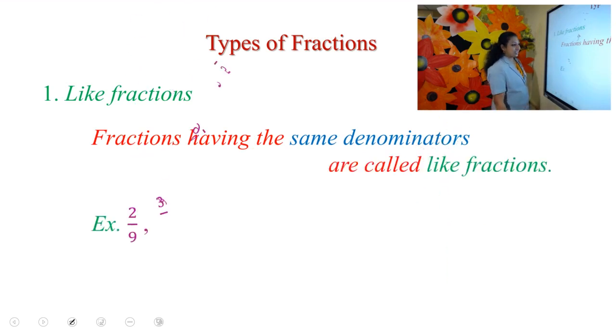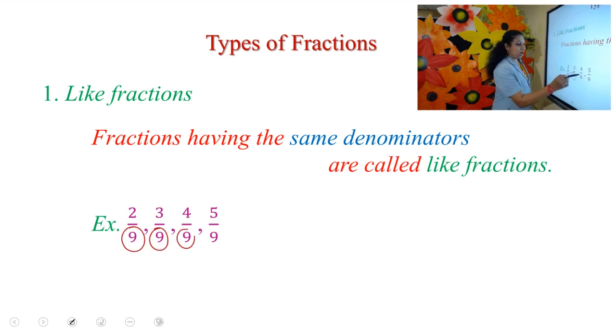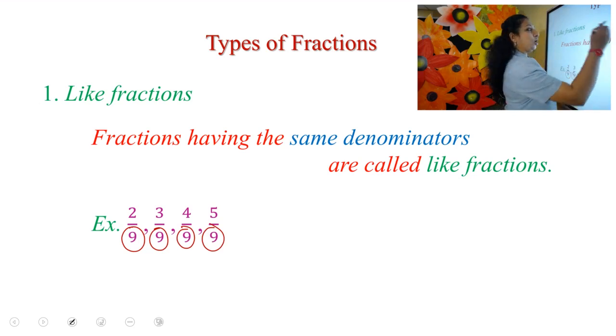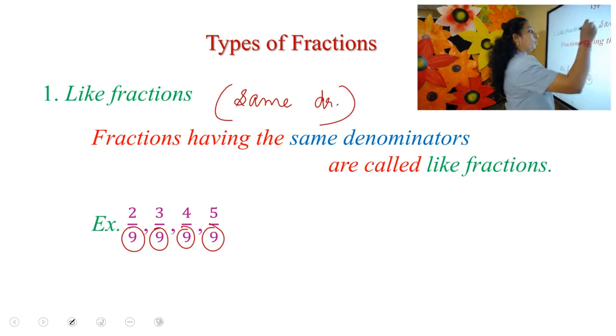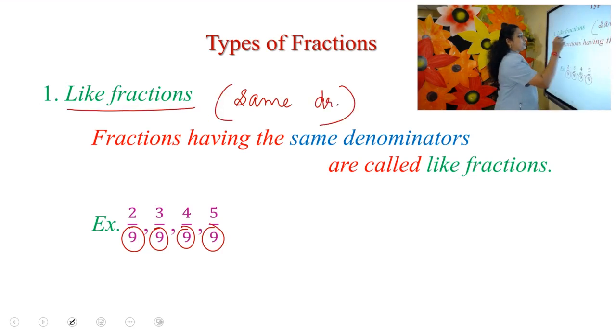Look at the examples. 2 by 9, 3 by 9, 4 by 9, 5 by 9. See, all the denominators are the same. If same denominator come, we'll call that fraction as like fraction.